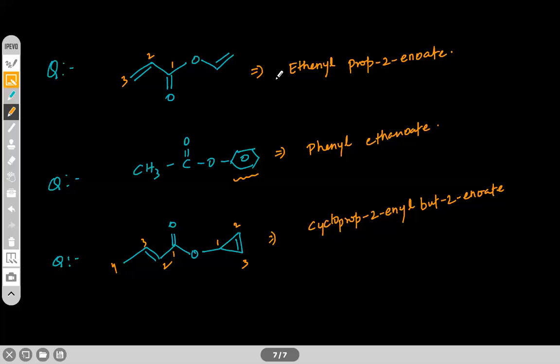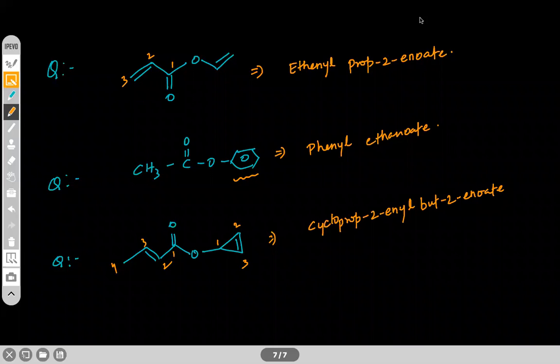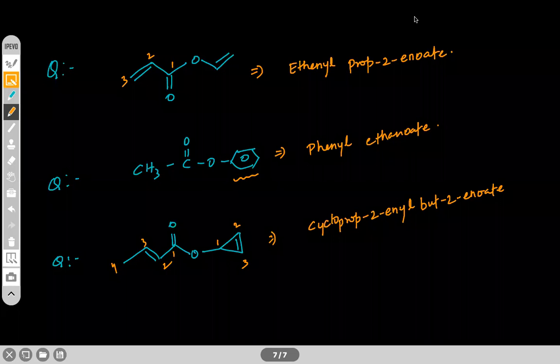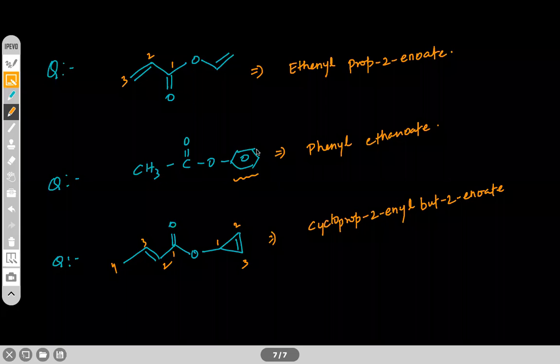Any doubt in this? No. Phenyl group, will discuss it separately, not benzyl. This is phenyl group, this ring is phenyl. So phenyl ethanoate.